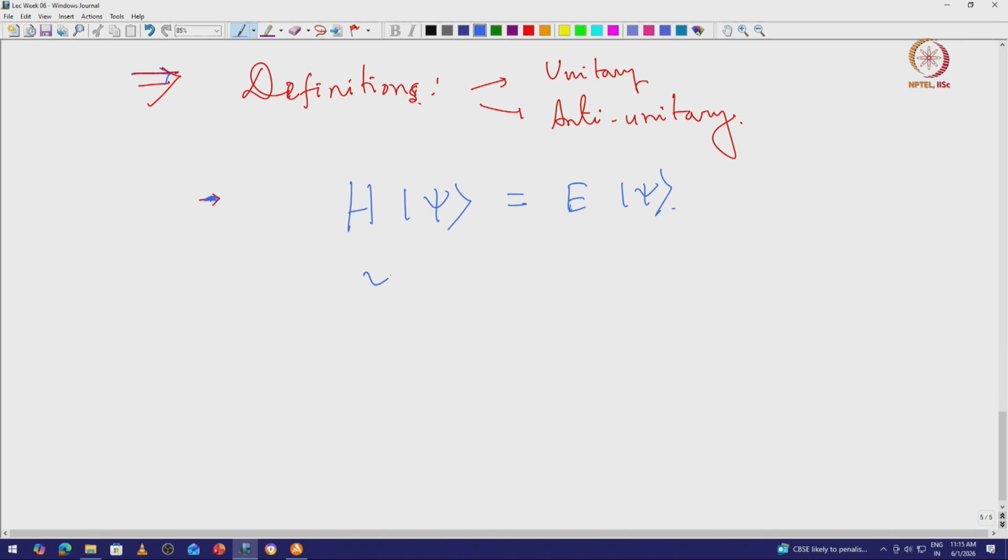So, let us say I change psi to psi prime, which is related to psi by some operator, and so the dual space will also change.